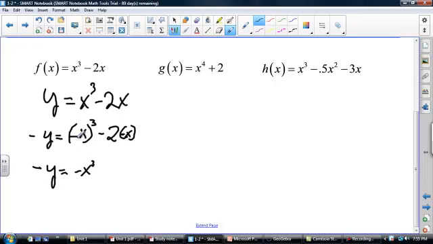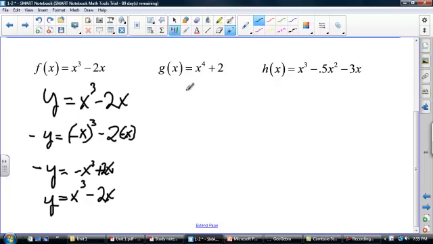Cubing -x times -x times -x gives you -x cubed. And then I get -2 times -x, that gives me a positive 2x. Now, I don't want this negative out here, so I'm going to divide both sides by -1. And I've got y equals x cubed minus 2x. If that's what we started with, then you know that this is symmetric about the origin.